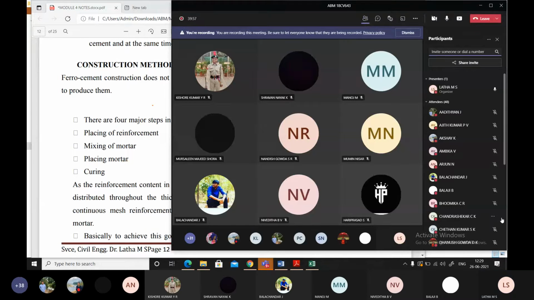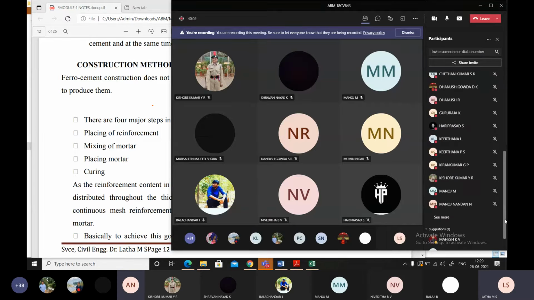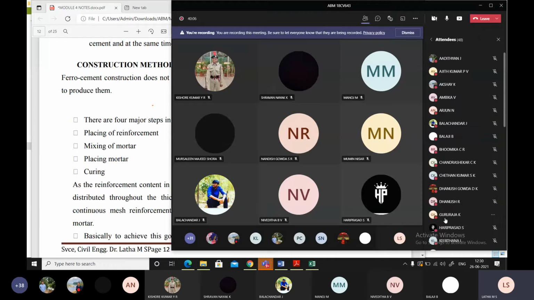Arjun? Not alert in the class. None of you are alert in the class. Tell me, Arjun, along with the cement, sand, steel bars and mesh, what other materials may I include in ferrocement to improve the properties of the mix?